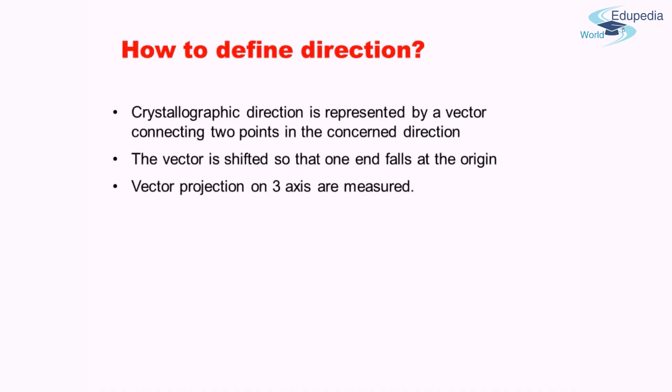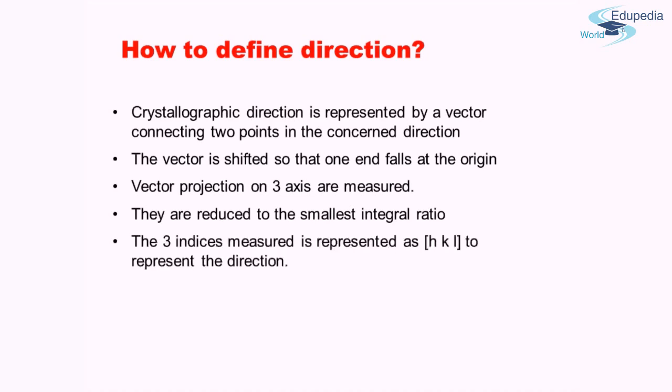So now we project the vector on the three axes, and then we measure the length imparted by the vector projection on each of the three axes. Stay with me, I'll show you practically. Then they are reduced to the smallest integral ratio. The three indices which we got by the vector projection are then represented as h, k and l in square brackets.